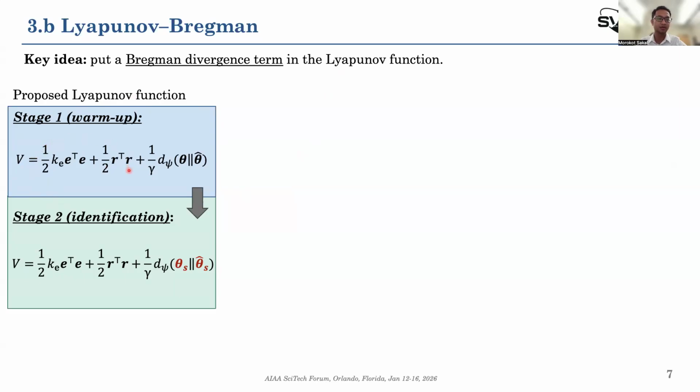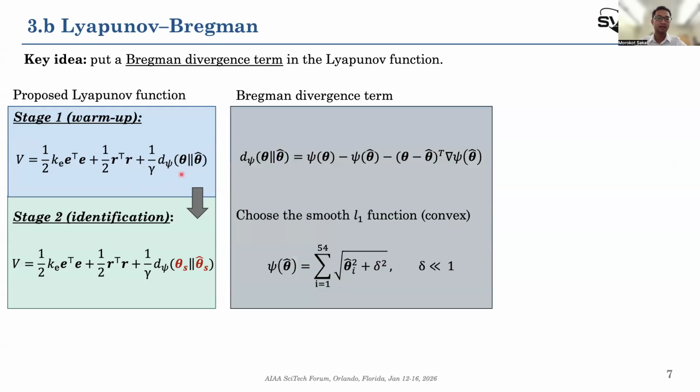That is a conventional standard quadratic term that is standard in adaptive control. The only part that we change here is that we now introduce this Bregman divergence term that still measures the difference between the true value and the estimation. So it's actually the estimation error, but now it is a generalized distance that has the following formula.